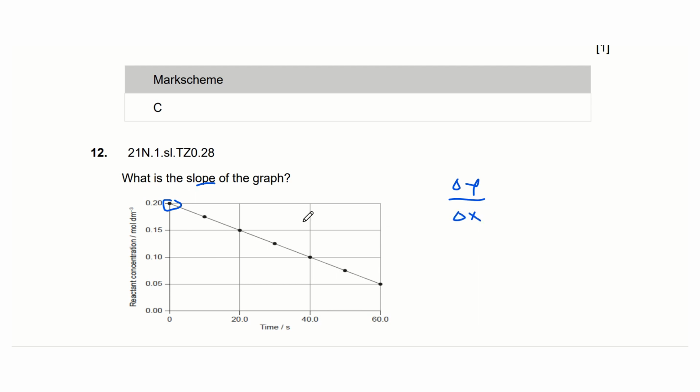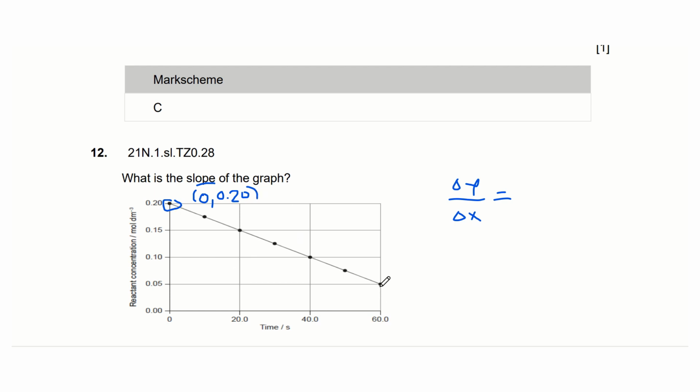So in order to do that, I need to take 2 points in order to carry out this calculation.